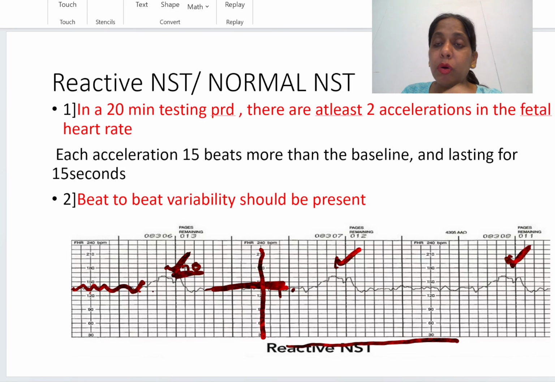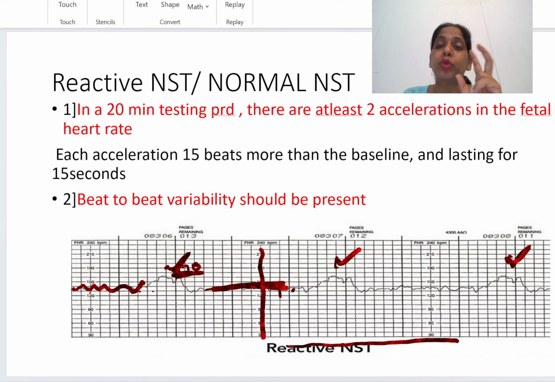A true acceleration is one in which the rise is 15 beats above the baseline, and that rise duration should be 15 seconds. So that is one acceleration: a rise 15 beats above, for 15 seconds.